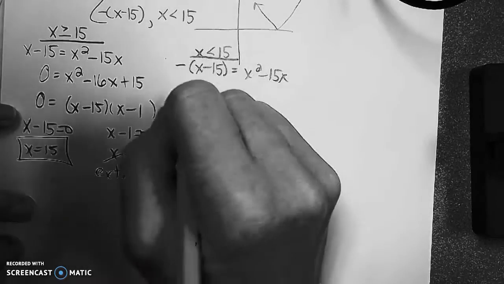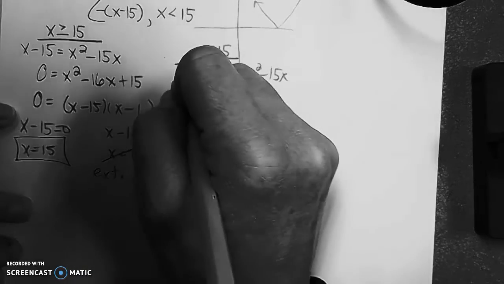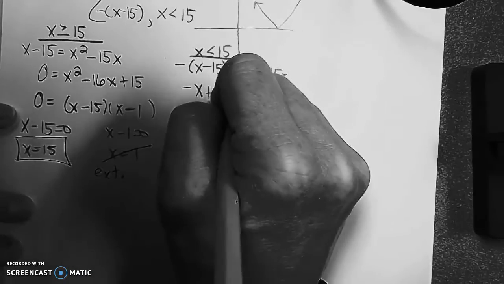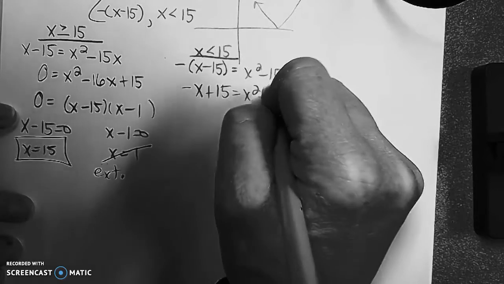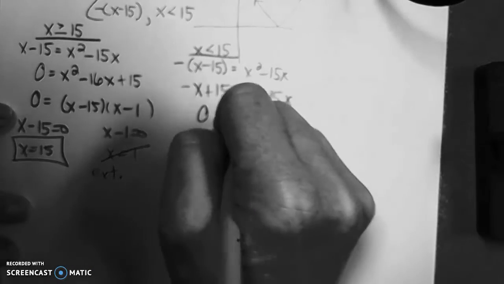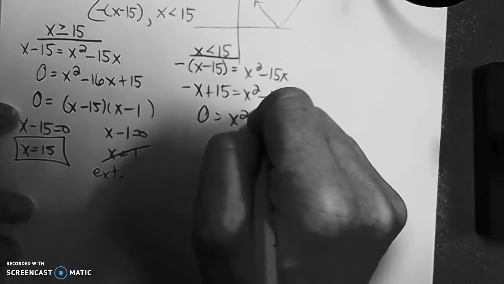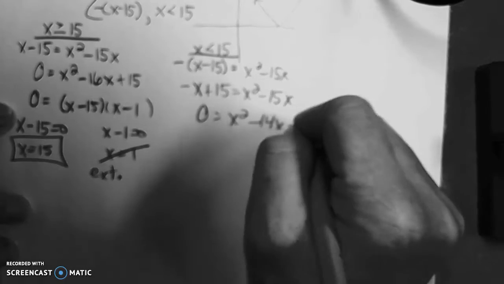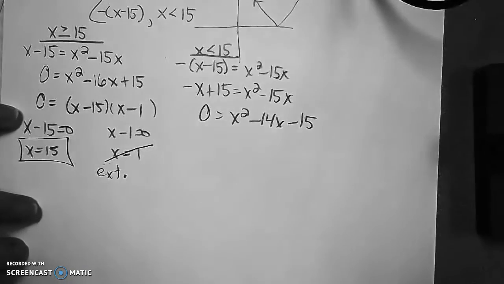On the other equation, I'm going to distribute the negative this time. It's a quadratic equation, so I'm going to set it equal to 0. Let's see if I can get that back in focus there for you.